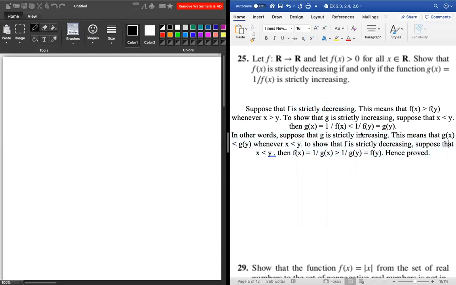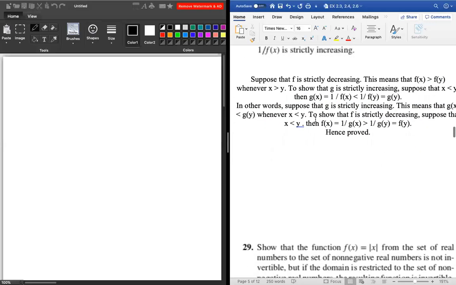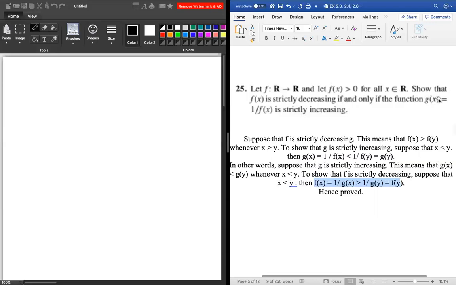So we first prove this and then we prove this. To show that f is strictly decreasing, suppose that x is less than y, then f of x equals, now notice this relationship here. It's basically the inverse. Therefore it proves that g of x equals 1 over f of x whenever it's strictly increasing.